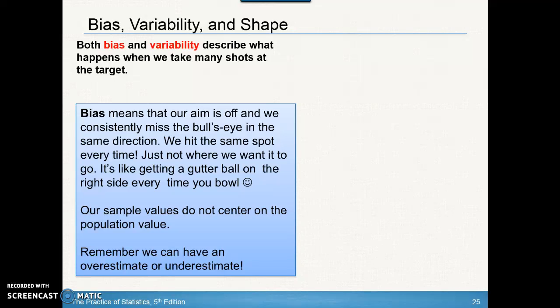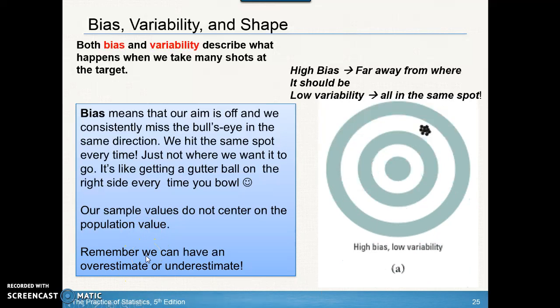It's like when you're bowling and you're consistently getting a gutter ball. You're really consistent, so you have low variability, getting in the gutter every single time. It's bias because it's completely off of where you should be. So our sample values, if biased, do not center on the population value.